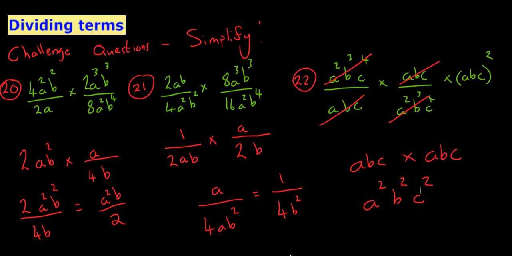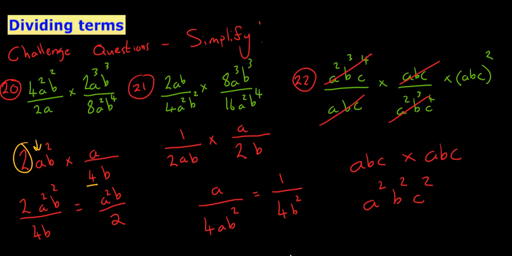Okay, so a little explanation of 20. So basically what I've done is 4 divided by 2 is 2. a squared divided by a is just a. b squared is just left alone because there's no b's down the bottom. Okay, so 2 over 8 just simplifies to a quarter.